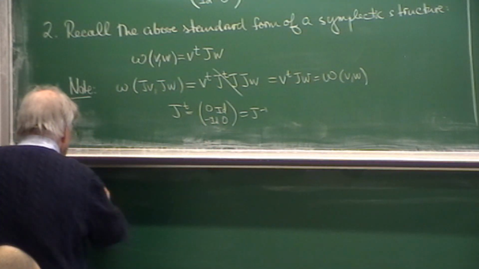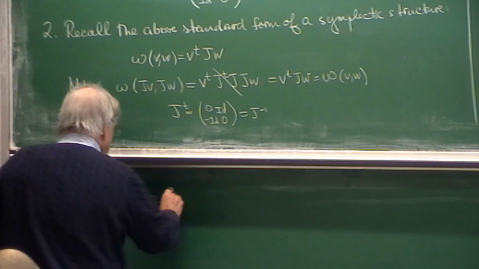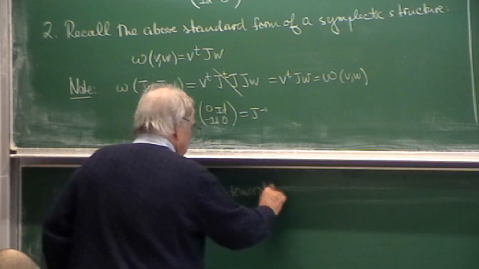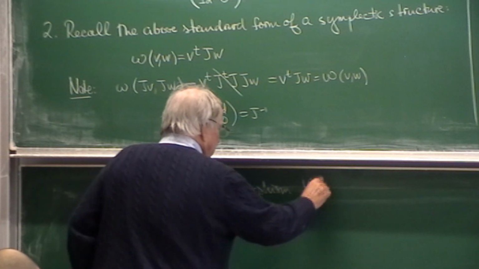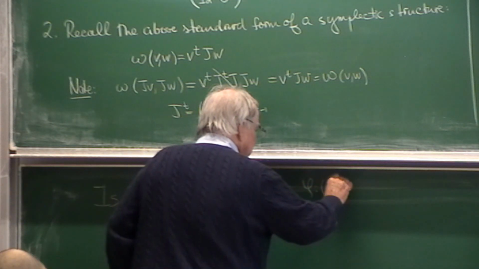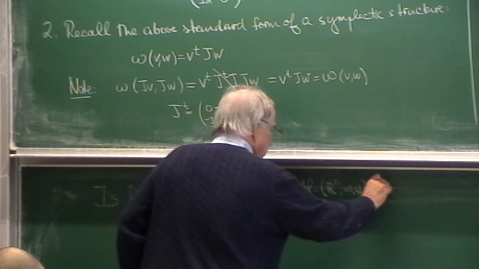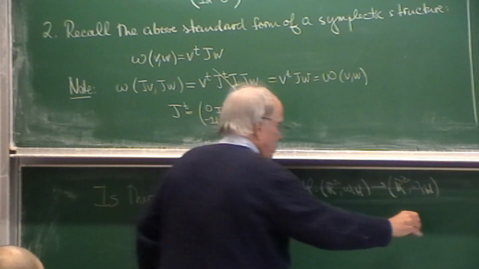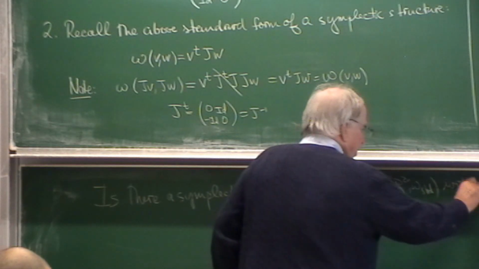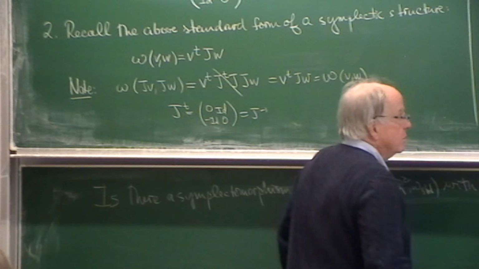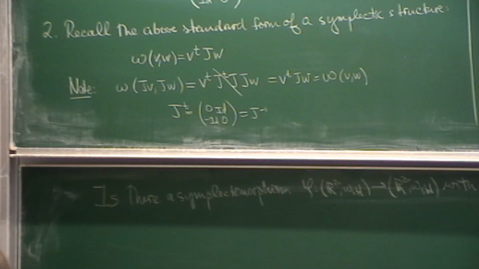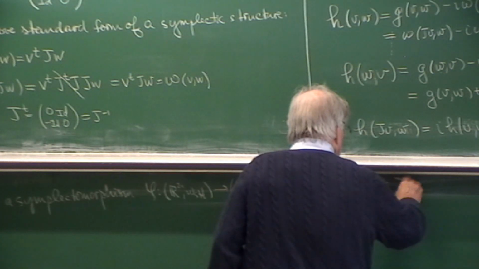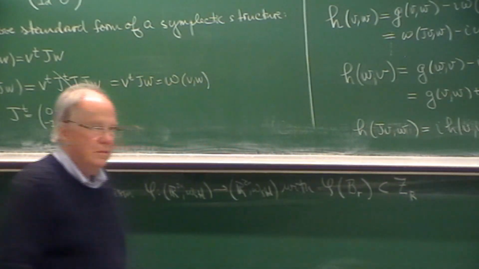So, is there a symplectomorphism phi of the ambient space, so he's thinking in terms of Hamiltonian flows, with phi of the ball of radius r contained in the cylinder of radius R. It's a reasonable question.